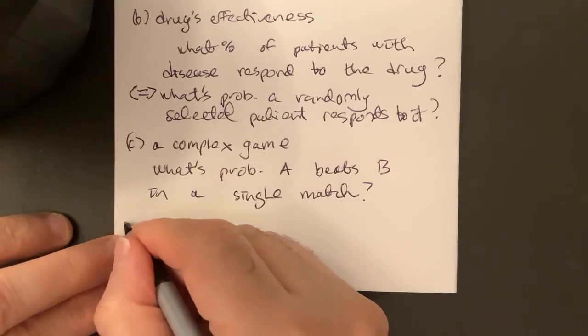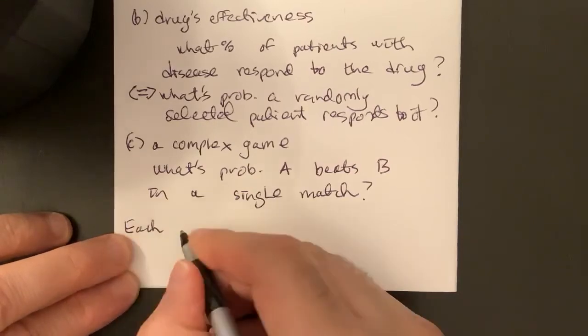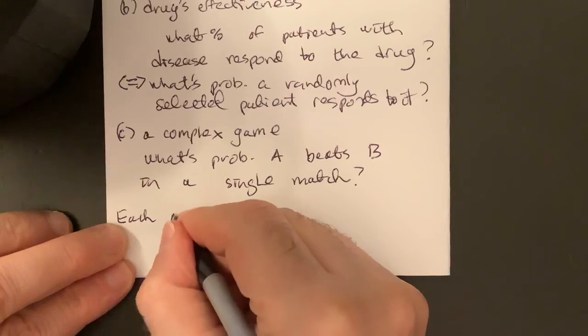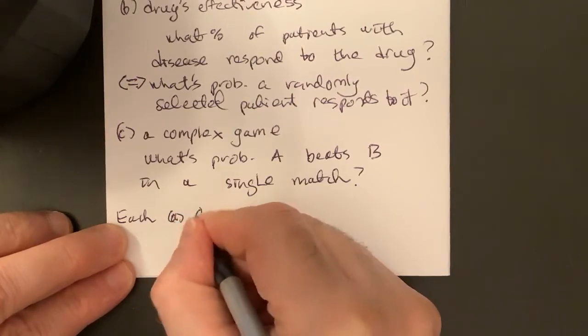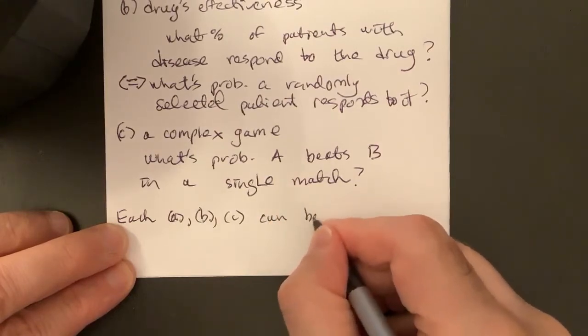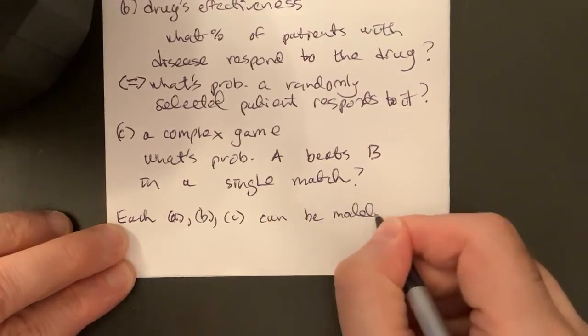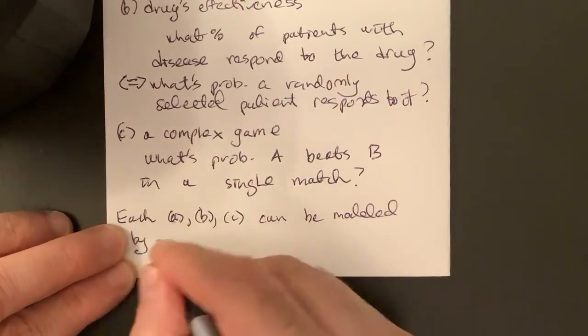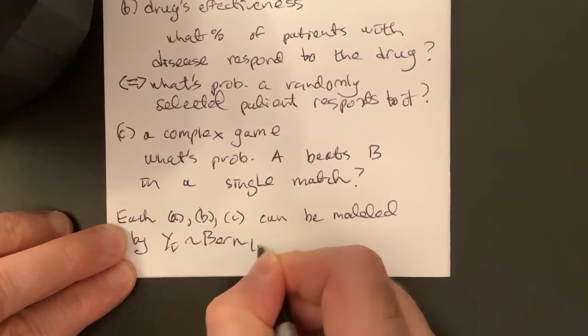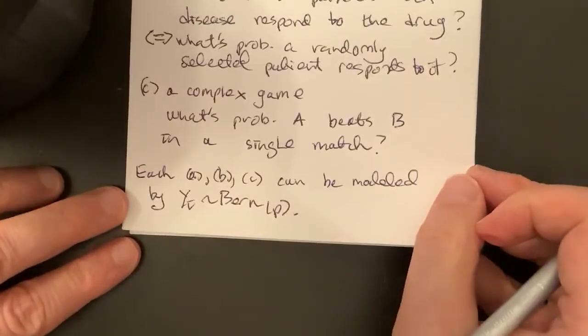Each of these situations, each case, A, B, C, can be modeled by Y_i Bernoulli P. So the question then becomes, how can I make an inference about P?